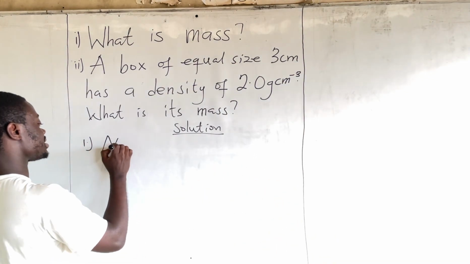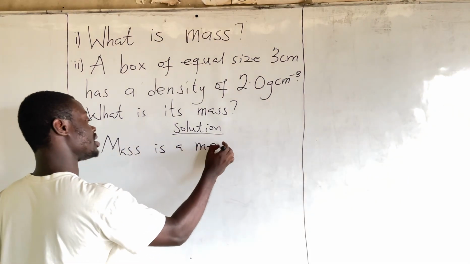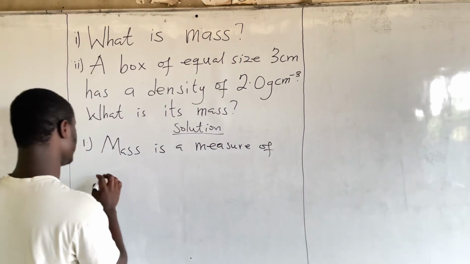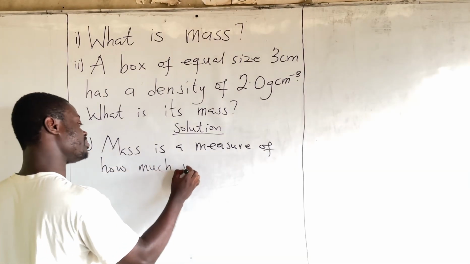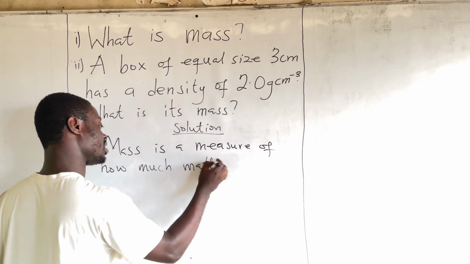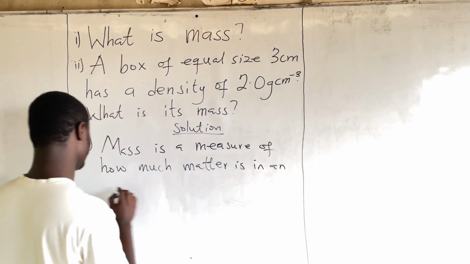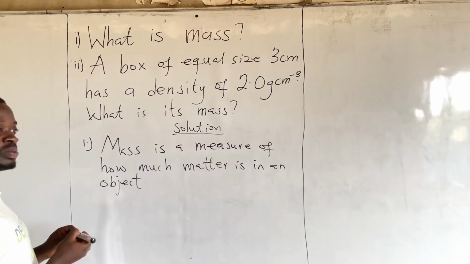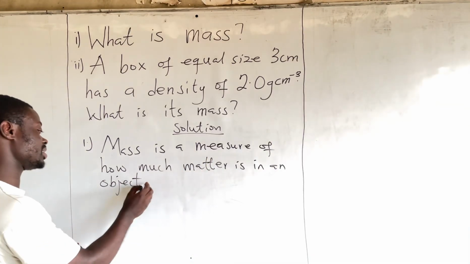We can say mass is a measure of how much matter is in an object. Okay, so that is mass. It's a measure of how much matter is in an object.